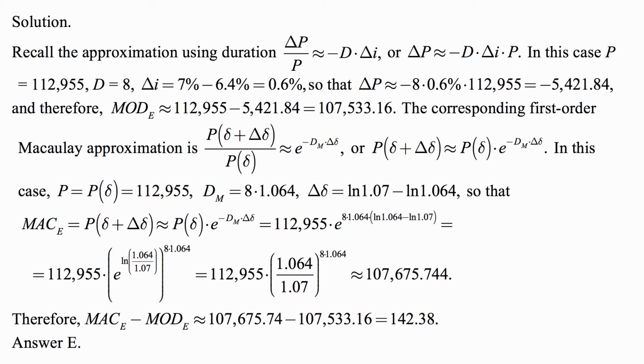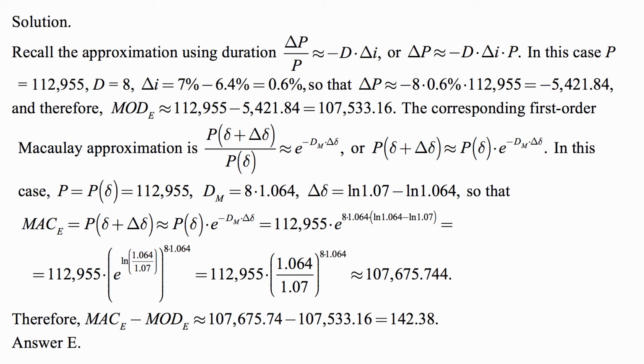So delta P is approximately minus D times delta i times P. Now you absolutely have to remember that. That comes from the fact that delta P divided by delta i and then divided by P is an approximation of minus the duration, because the duration is minus the derivative of the price with respect to the interest rate divided by the price.